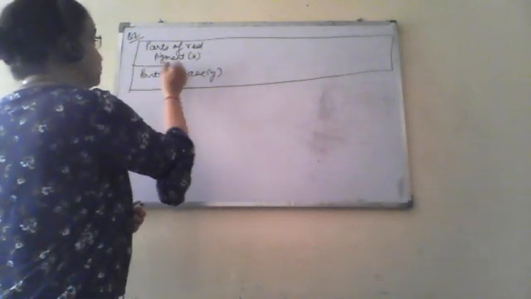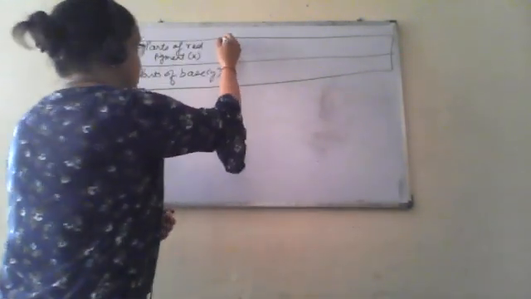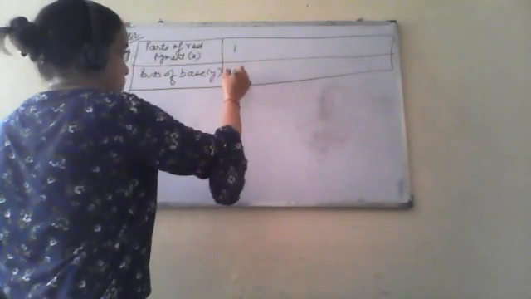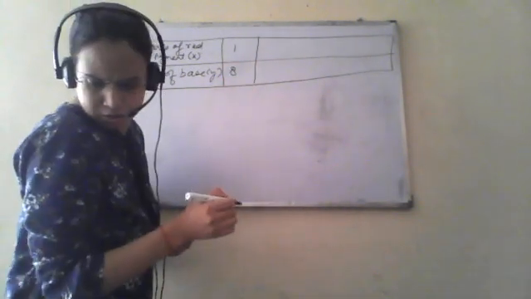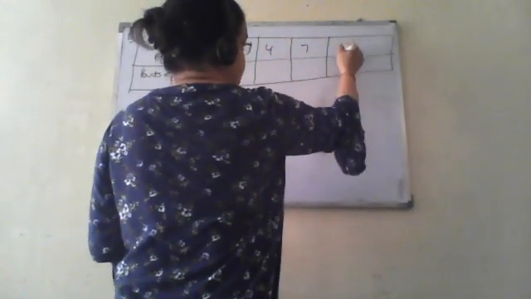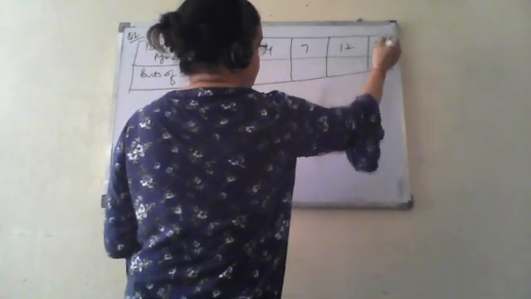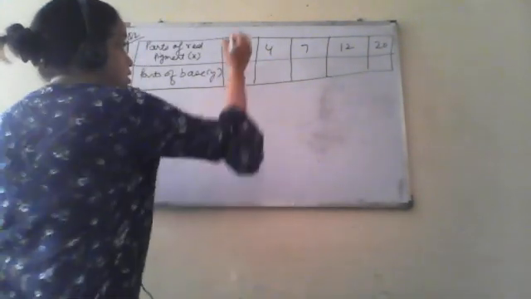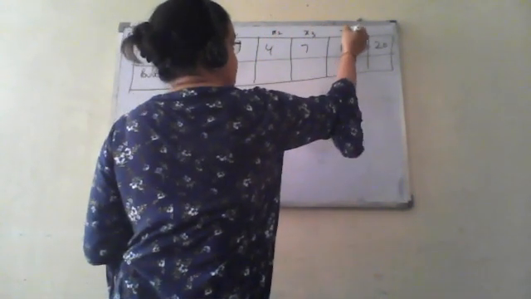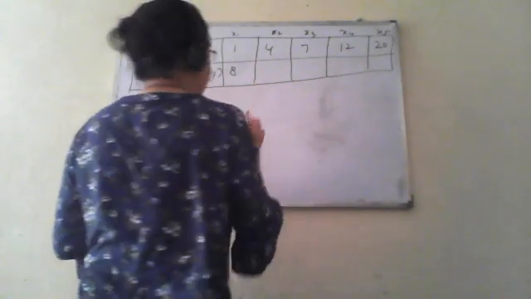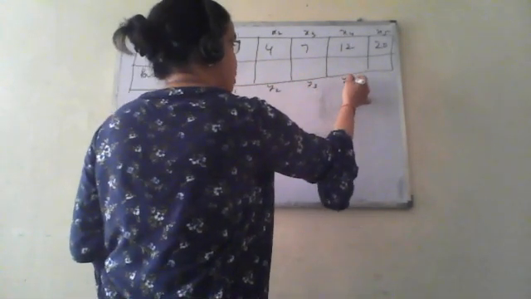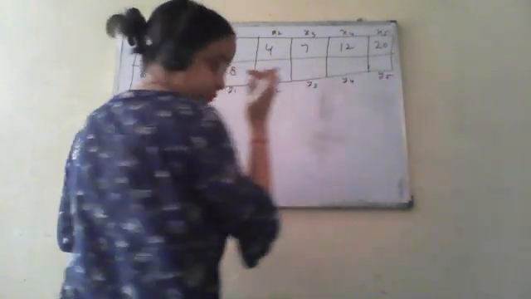It is this way. For one part we have to mix 8 parts of base. For 4 parts we have to calculate, for 7, for 12 and for 20 we have to calculate. So this is our x1, x2, x3, x4 and x5, and this is y1, y2, y3, y4 and y5.